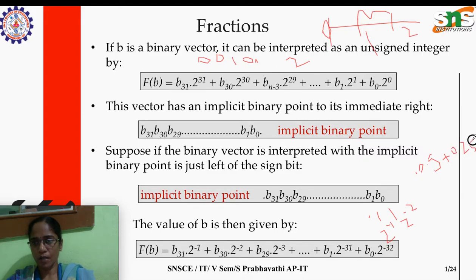So binary .11 in decimal representation is 0.75.